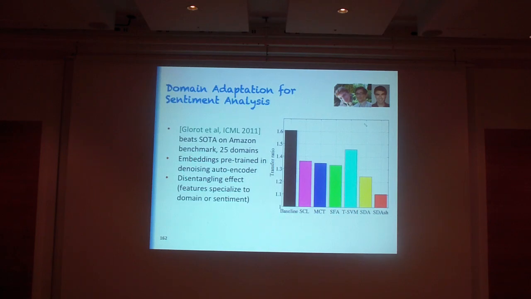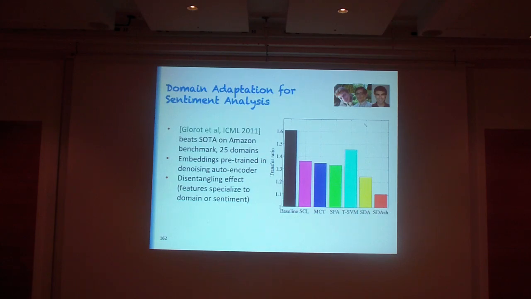And so we use here a denoising autoencoder with sparsified rectifier units as our unsupervised pre-training, and then we just apply an SVM on top of that. Actually, we stack several denoising autoencoders.